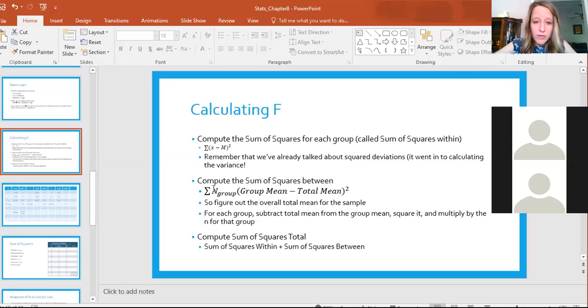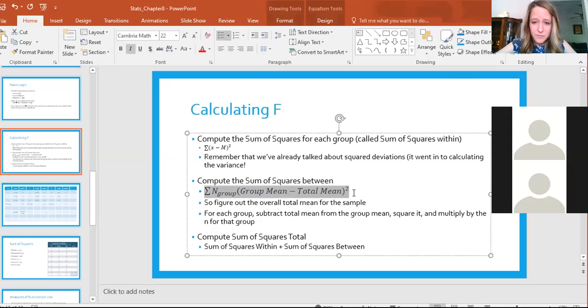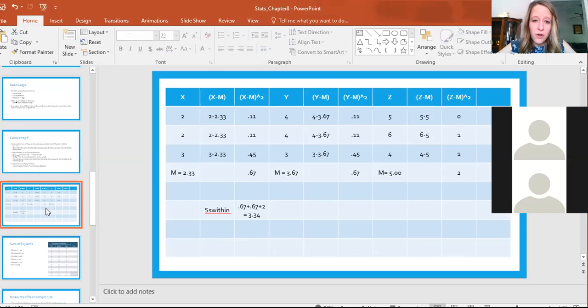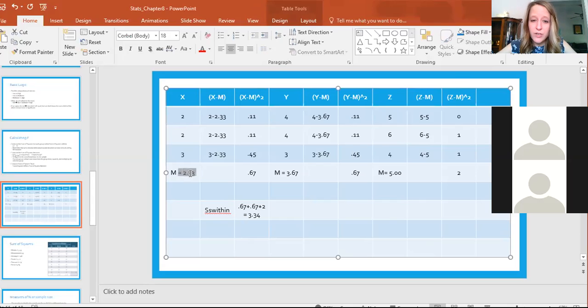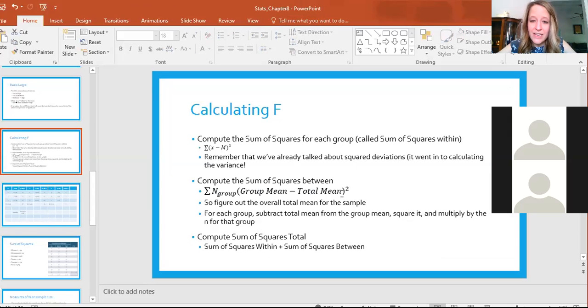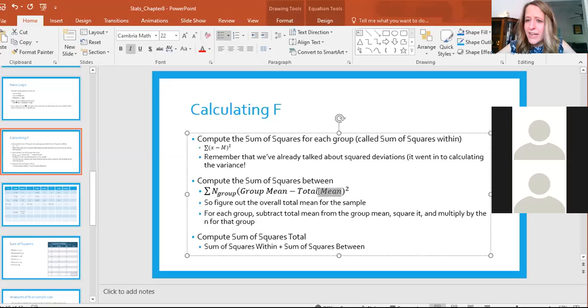So our between group sum of squares, to calculate this, what we need to do, we've got each of our group means, right? So that's our 2.33, our 3.67, and our 5. So we have each of our group means that we need. What we need to do is calculate this total mean or this grand mean.